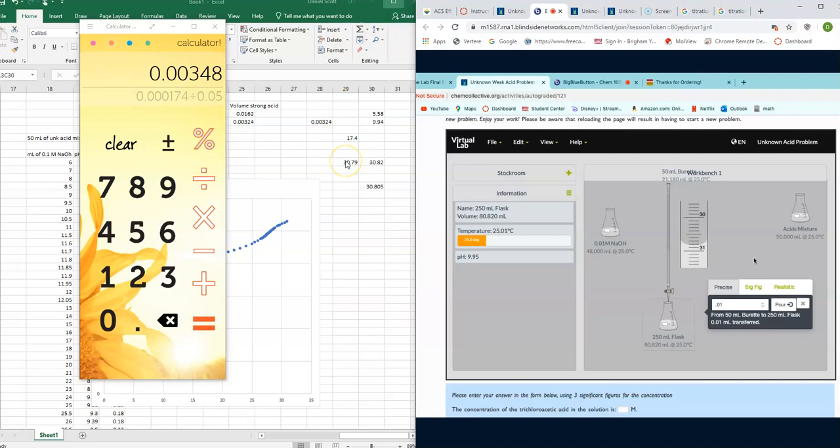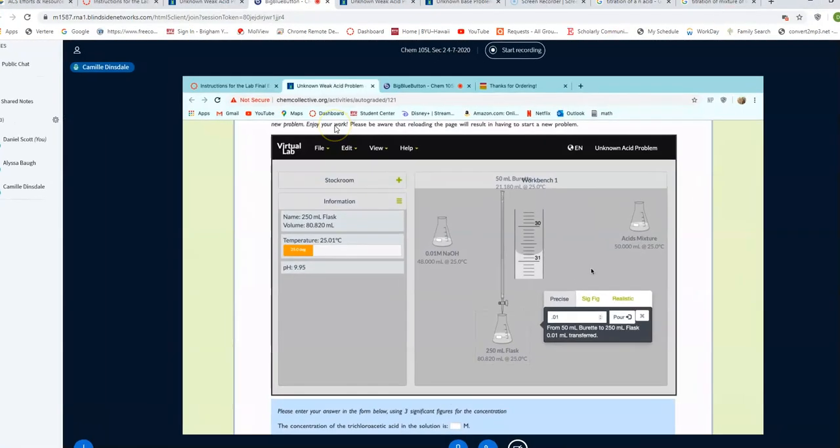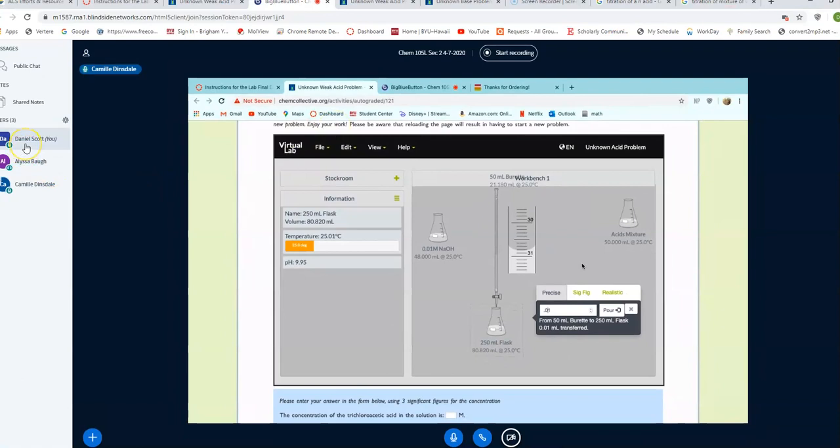I don't have the volumes written down. 17.4 milliliters. So it's 0.0. Okay, I don't know how to. I know what the steps are, but I don't know what form to put it in. Does that make sense? Like 0.0 this or not?